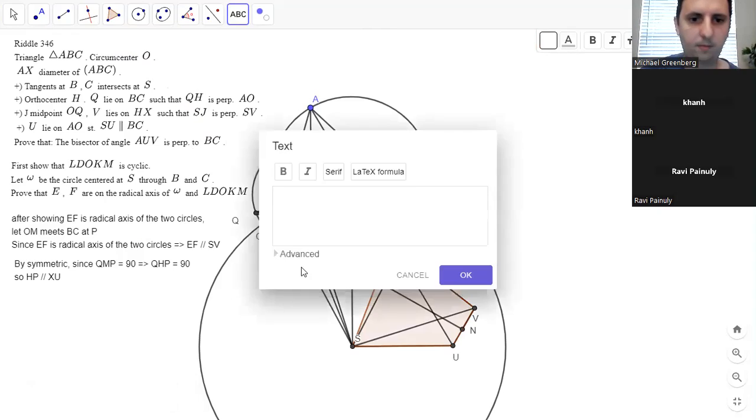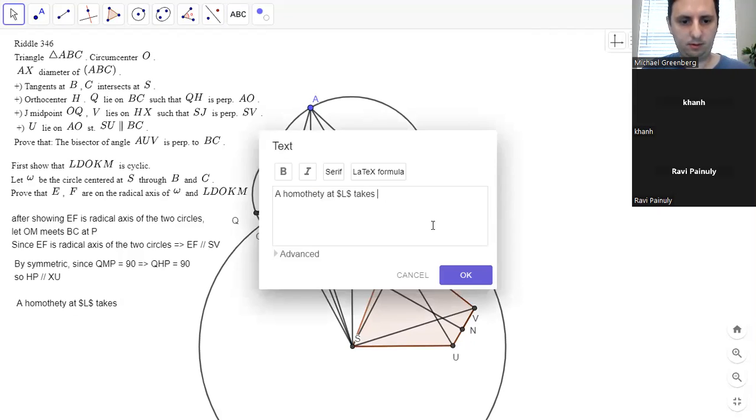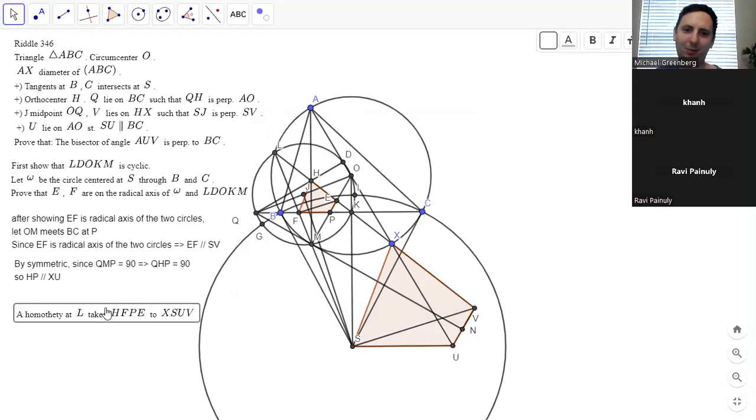It takes HFPE to XSUV. Even doing it on GeoGebra is still pretty awesome.